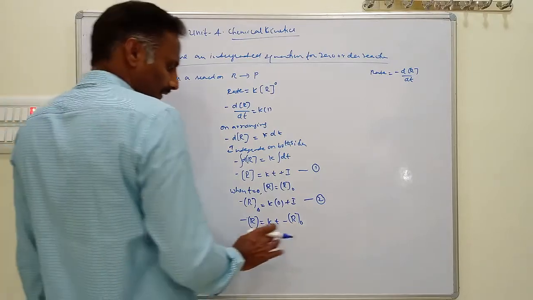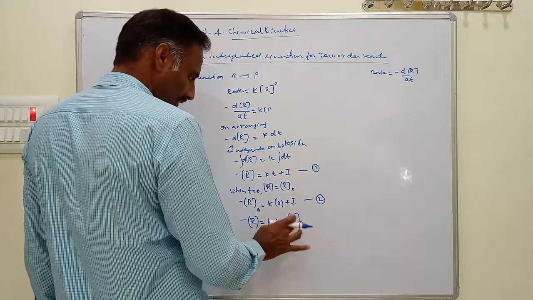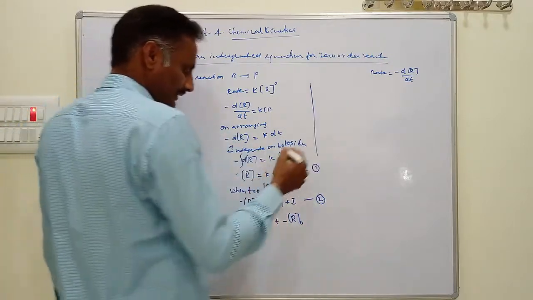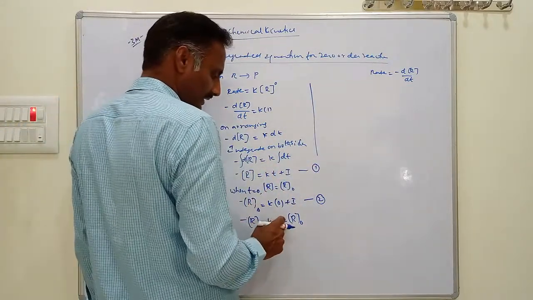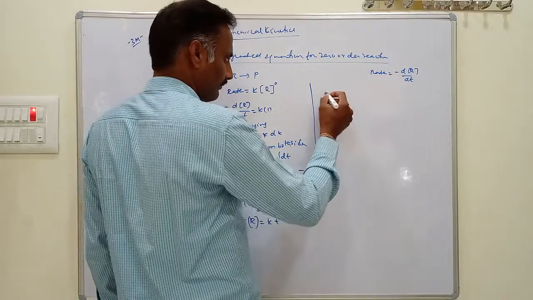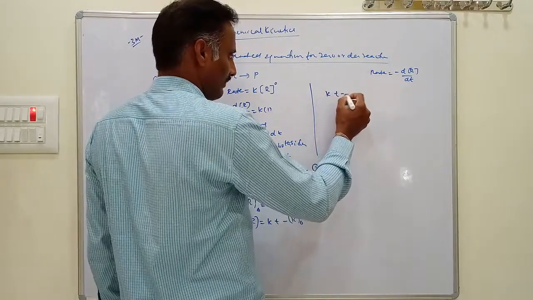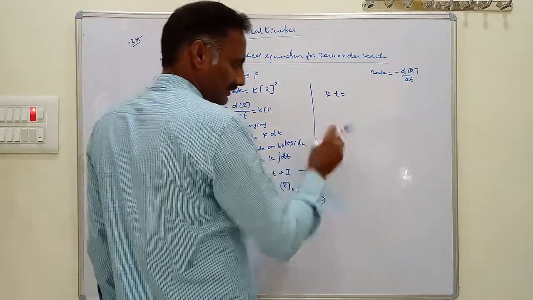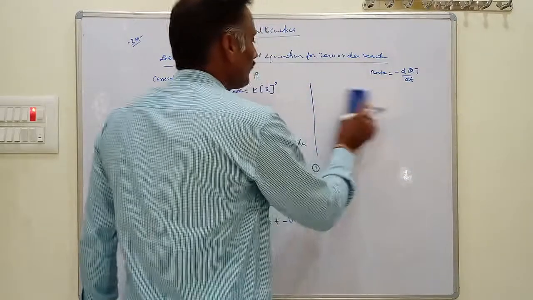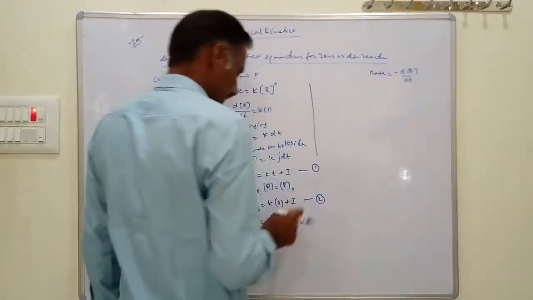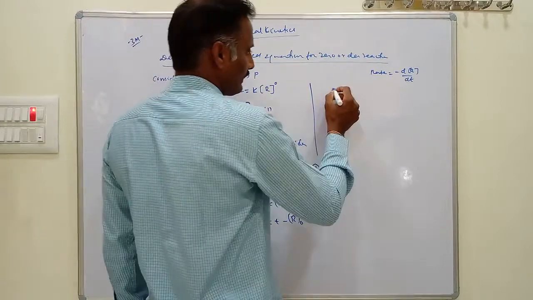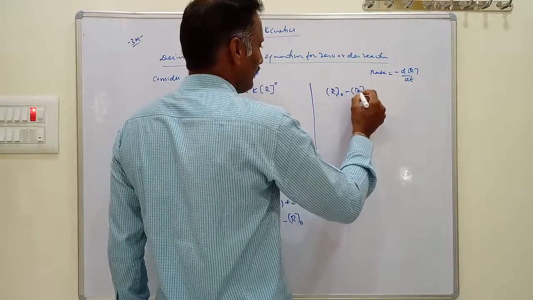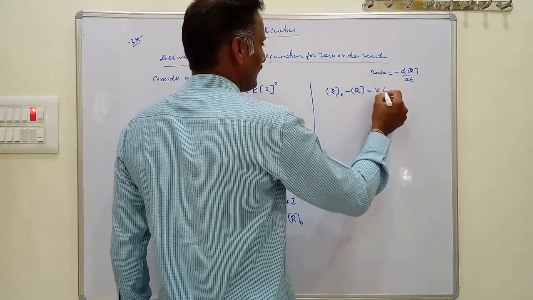Then on arranging, you will get minus R equal to kt minus R naught. Taking R naught to this side, you will get R naught minus R equal to kt.